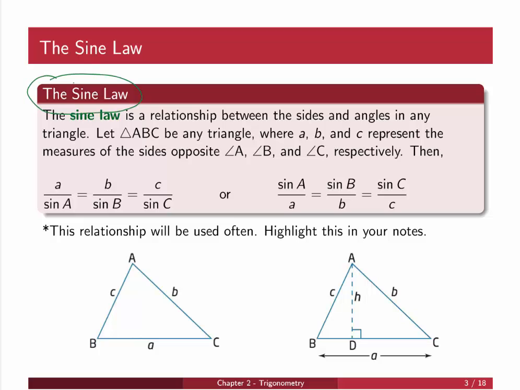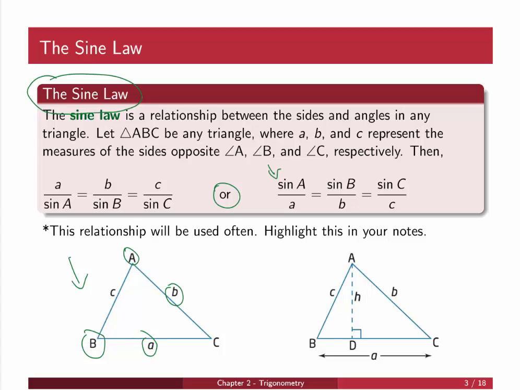Given triangle ABC down here, side A over sine of angle A is equal to side B over sine of angle B, and that is equal to side length C over sine of angle C. Or you can write it the opposite way, like you can see right here.